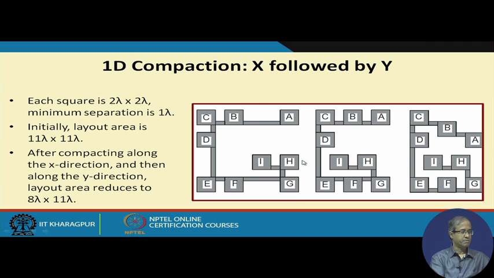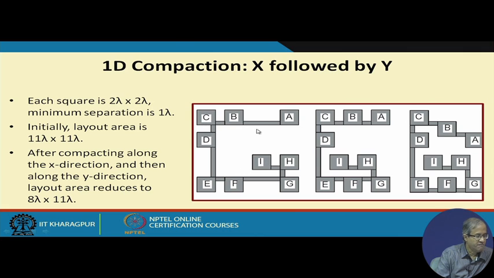This is our example. So, let us see C, B, this is 2, separation is 1 lambda, then you have I and H, 2, separation 1 lambda, and between B and I there will be a separation of 1 lambda.